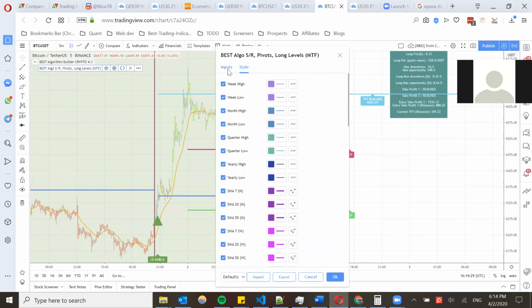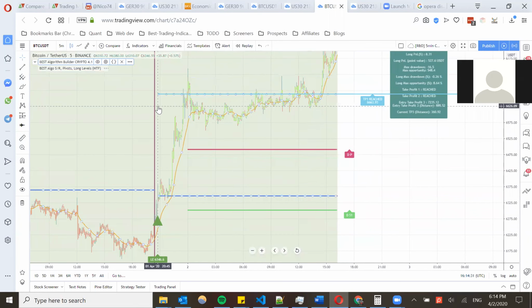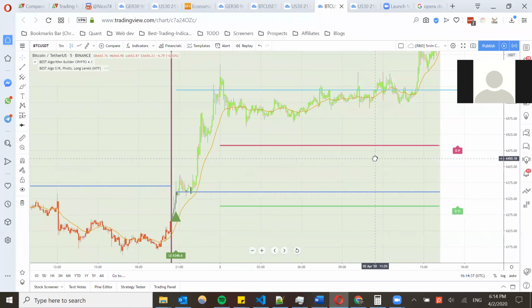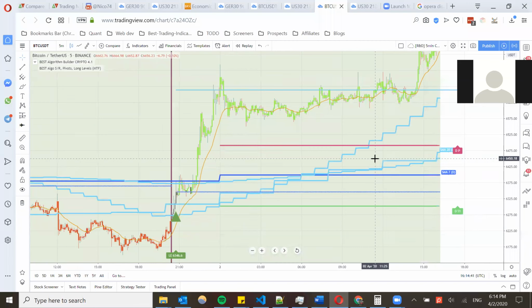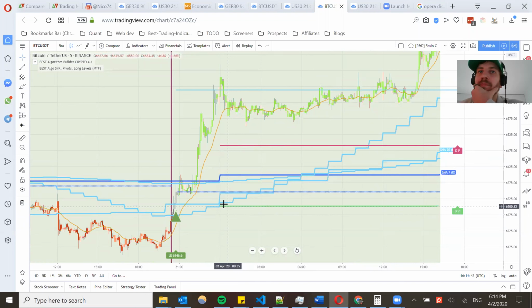And for the crypto model, the pullbacks are the same, because I've noticed that it sometimes requires bigger pullbacks than indices. No, like same. For instance, you have the entry here. It's close.